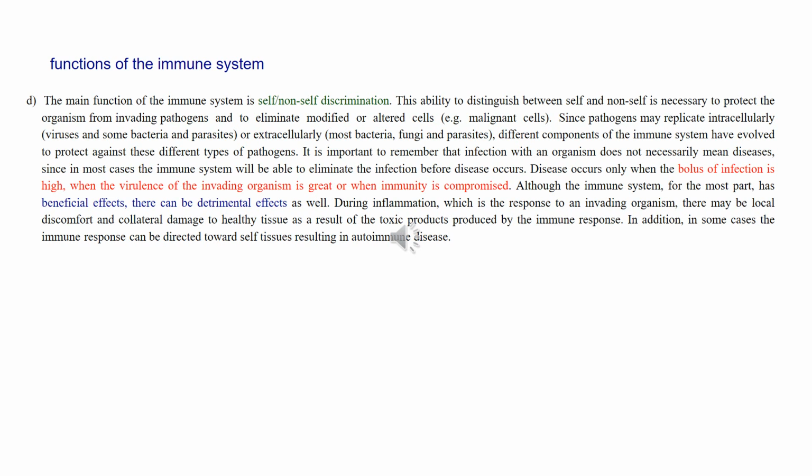It is important to remember that infection with an organism does not necessarily mean disease. In most cases the immune system will be able to eliminate the infection or microorganism before disease occurs.